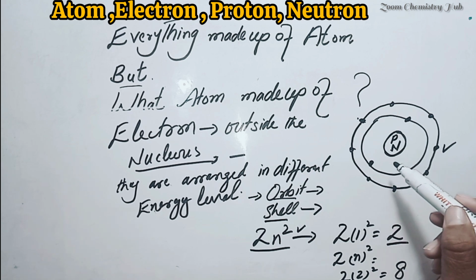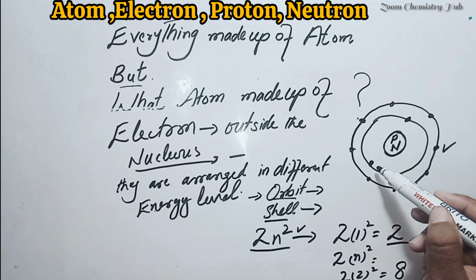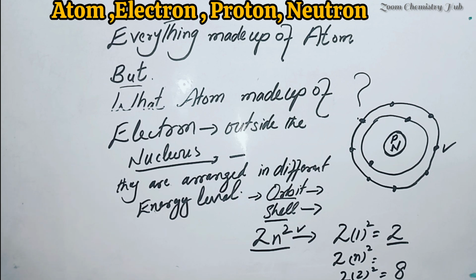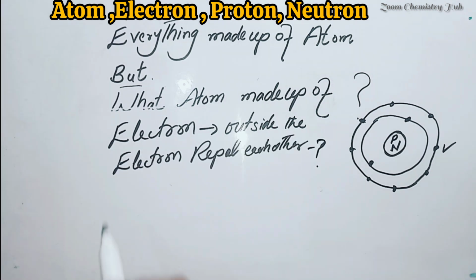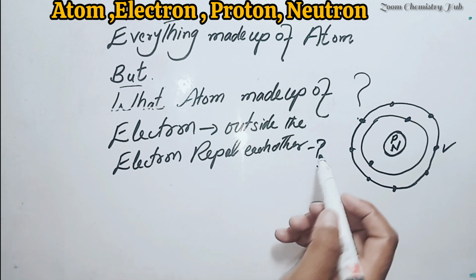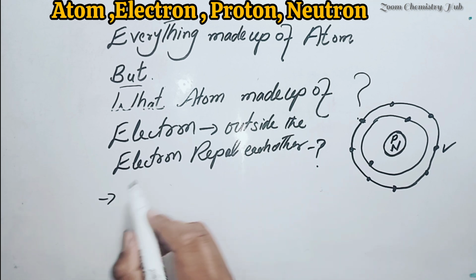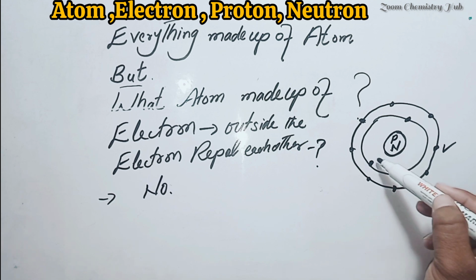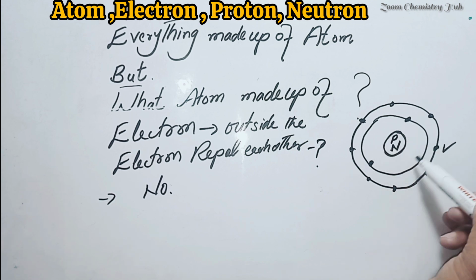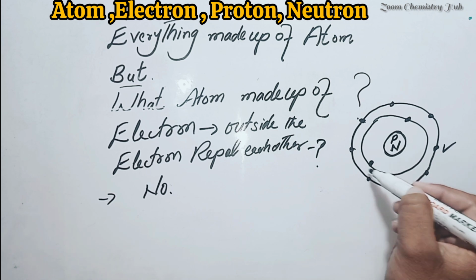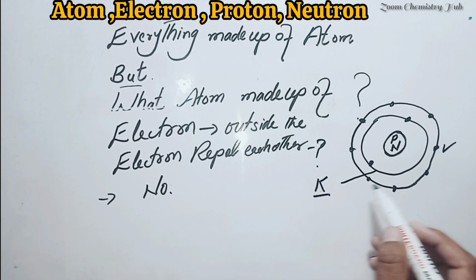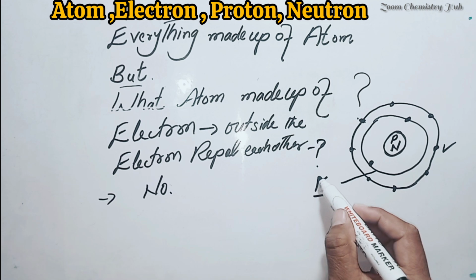Now the question is, do electrons repel each other in the shell? The answer is no, because there are different energy levels or shells. The first shell is represented by K shell.